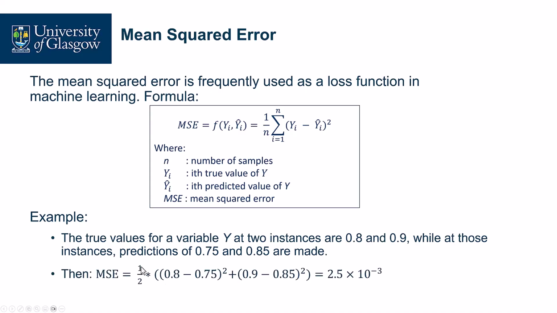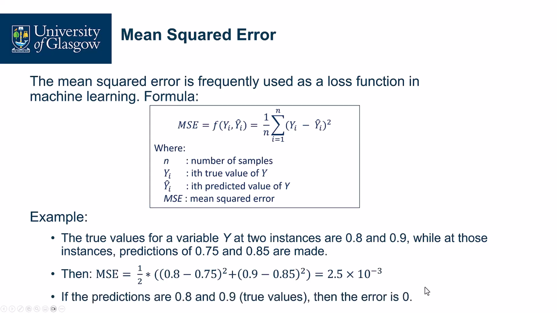For the two items, we get the difference, square them, sum them, and divide by 2, and we get this result. For another example, if the predicted values are just 0.8 and 0.9 themselves, then following this formula, the MSE is 0. It means perfect prediction.